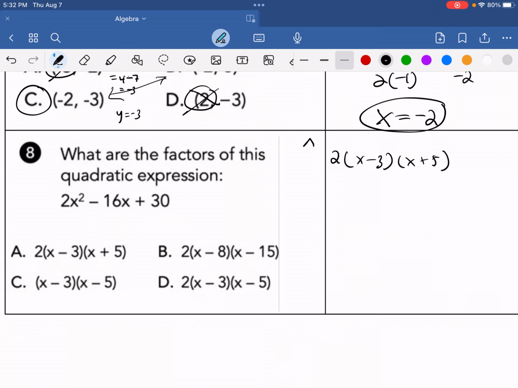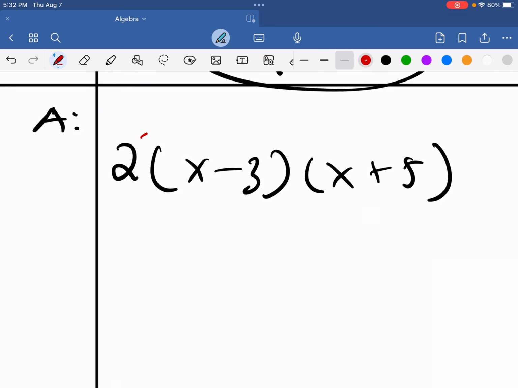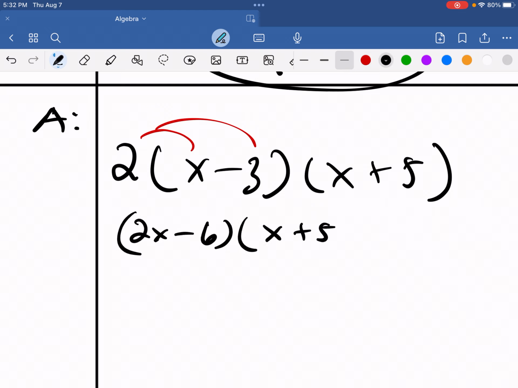So this is option A. So if I multiply it, 2 times x and 2 times -3. That's 2x minus 6. And now I need to multiply it by the last binomial. You have to FOIL. So multiply 2x to both. So it's 2x squared. 2x times x is 2x squared. 2x times 5 is positive 10x.